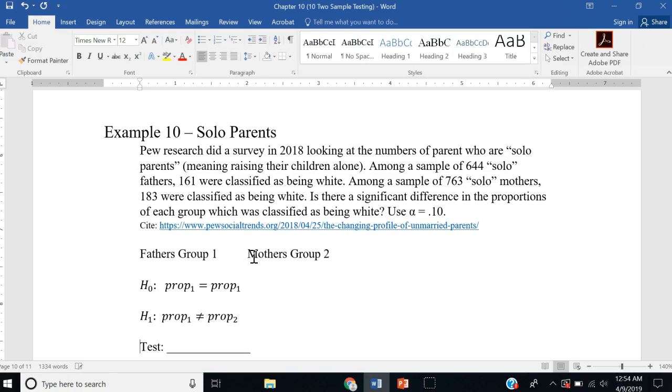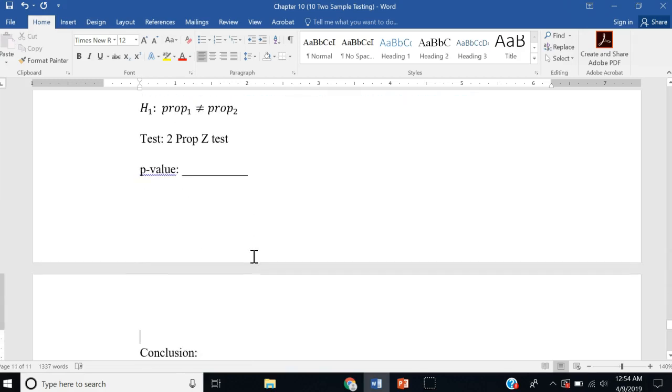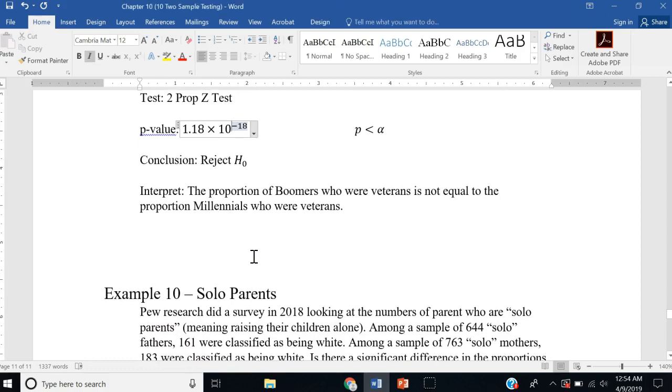This is clearly a proportion test with 2 samples, so it's a 2 proportion z-test. But again, we just call that a 2 proportion test sometimes.